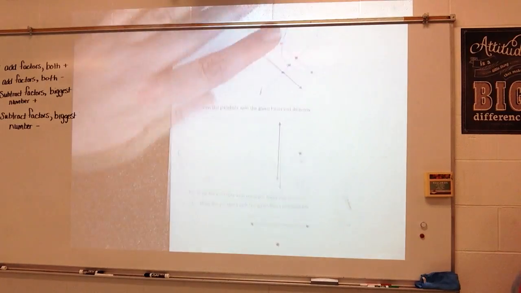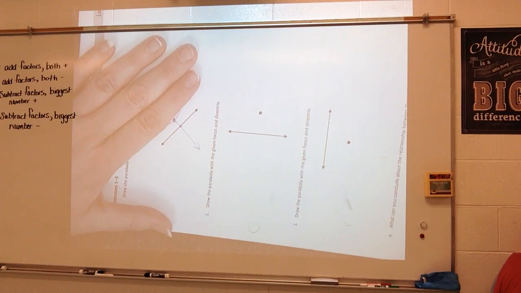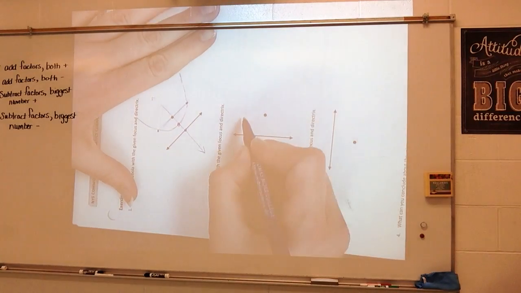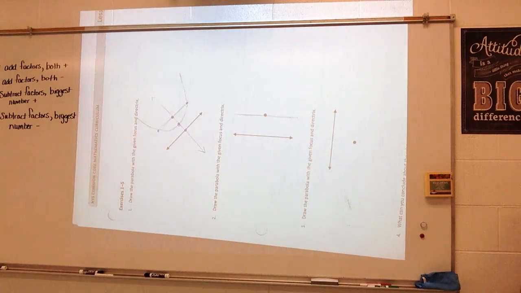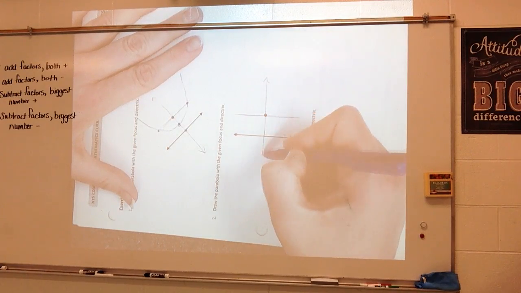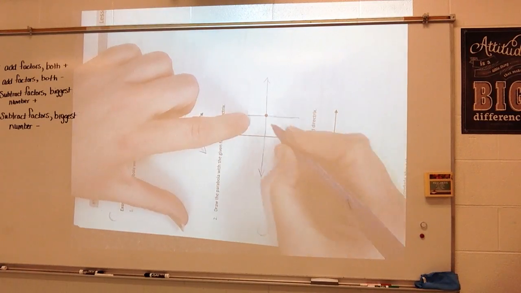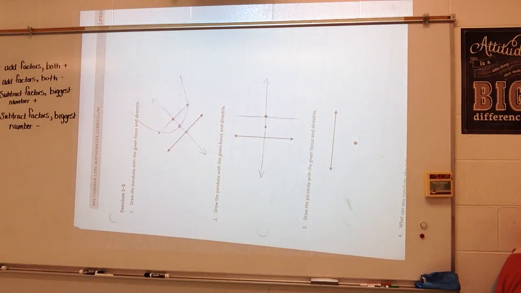Let's go to here. I'm going to turn my paper again. There's nothing wrong with turning that paper. I'm going to draw that line that goes through my focus point, and I'm going to find the vertex. I'll draw that as my y-axis. My vertex is going to be halfway between the focus point and the directrix.